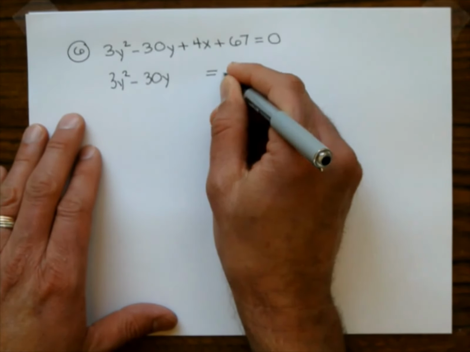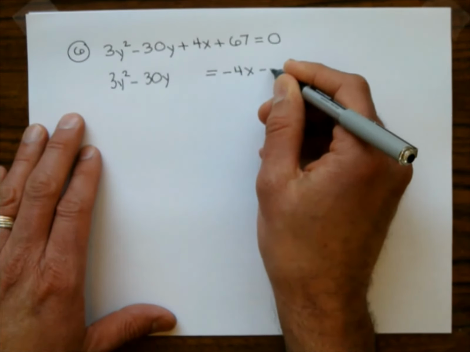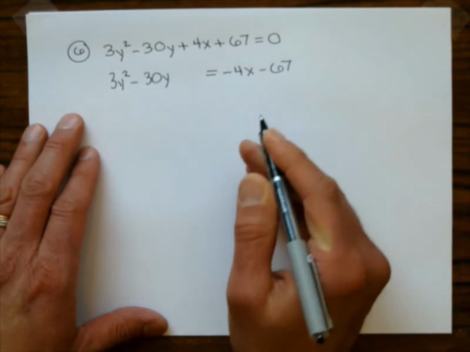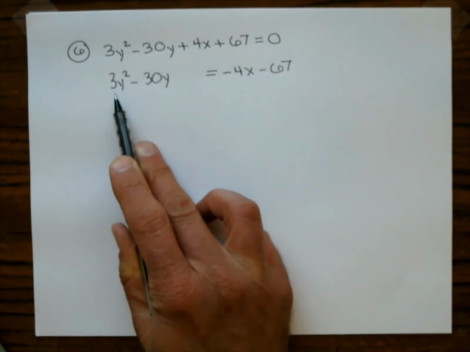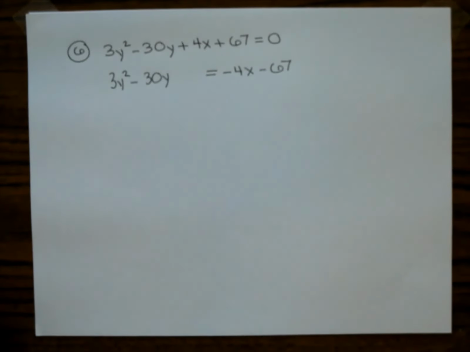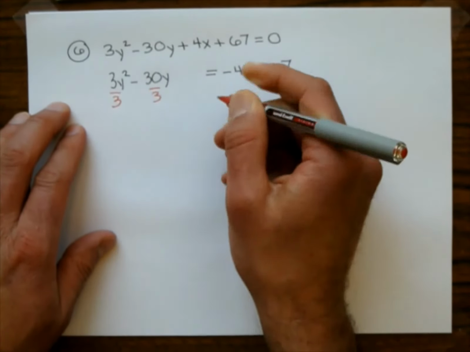So this is going to be negative 4x minus 67. Then I'm going to realize, whoa, I need to have a 1 there. So I'm going to divide everything in that equation by 3 to get a 1 in front of the y squared.